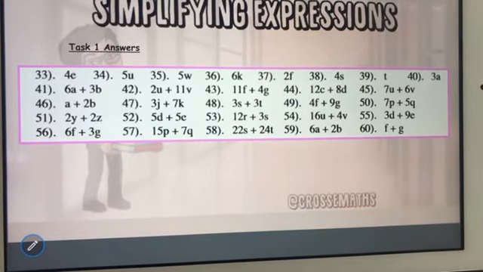Remember to start at 33 on the top box. So get whatever you've done marked, please. That's why it was super important to write down the correct question numbers, just so you know what you're marking.